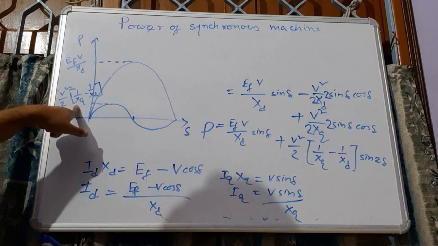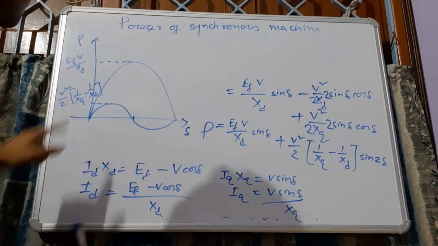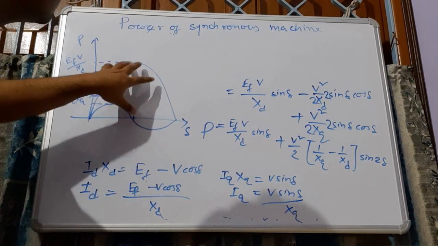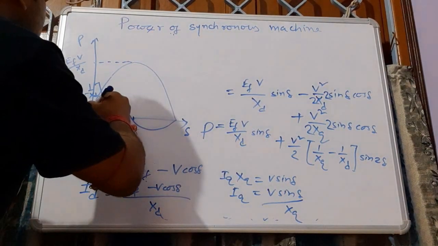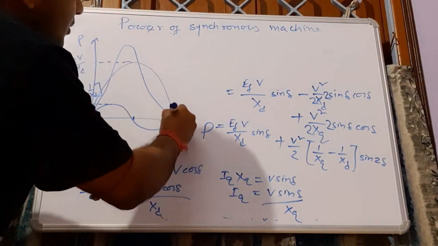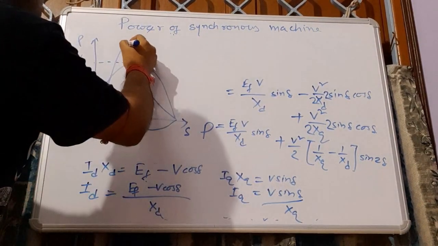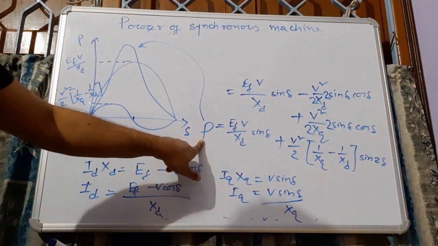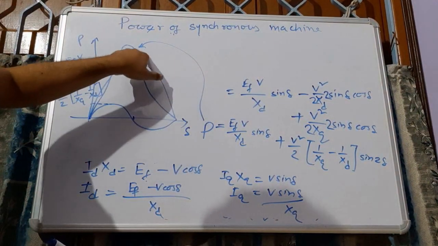This is the maximum value. Now if we superimpose these two equations, we get this type of plot. So this is the ultimate plot of active power of the synchronous machine.